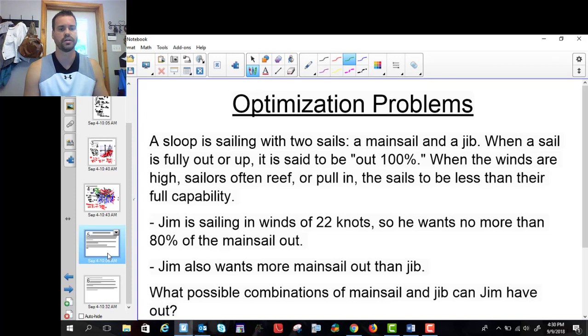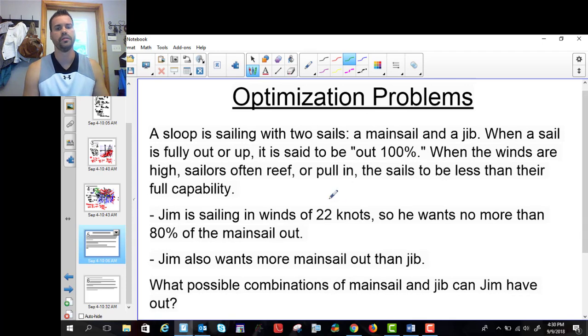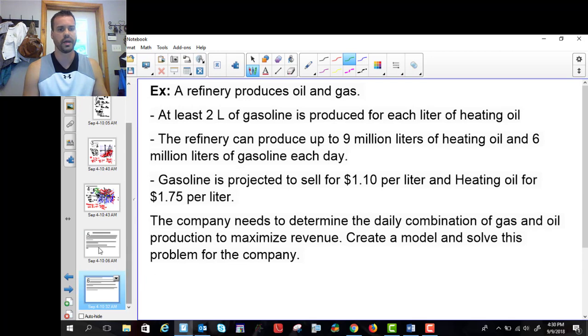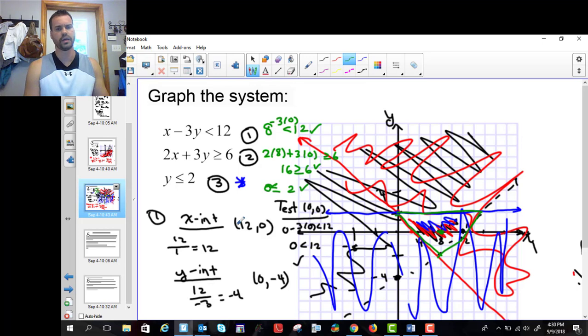I'll just show you, we're going to do this in another video, but here's a question where we're going to take what we know about inequalities and apply it to, in this case, sailing. And then in the second case, we're going to do something with oil and gas. So we'll show you how to use this in contextualized problems, but for right now, all you have to understand is how to draw a 2 or 3 equation system.